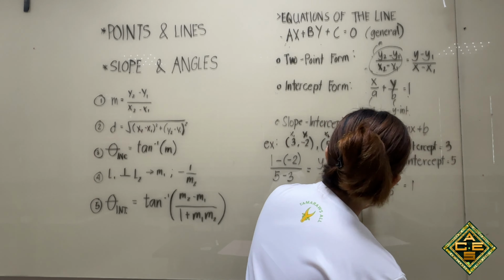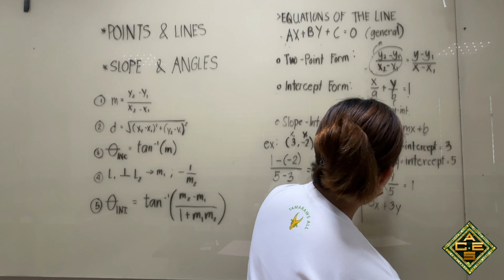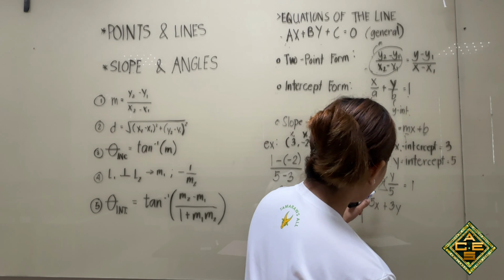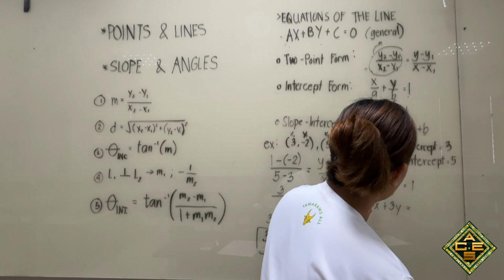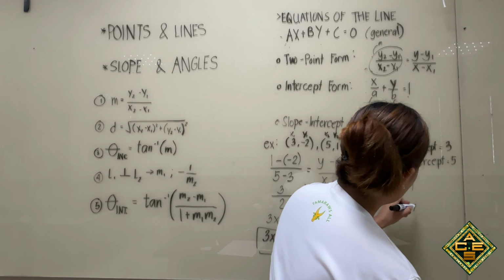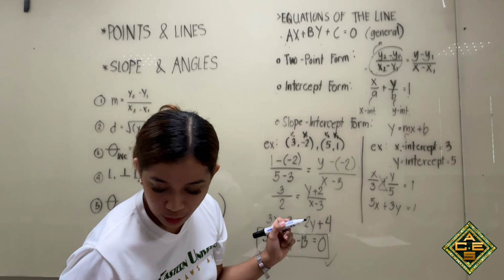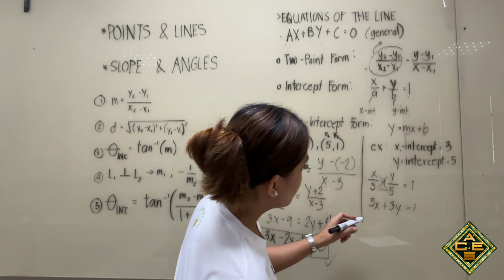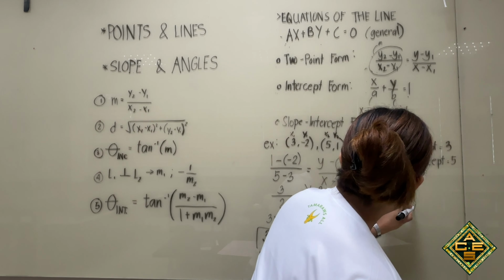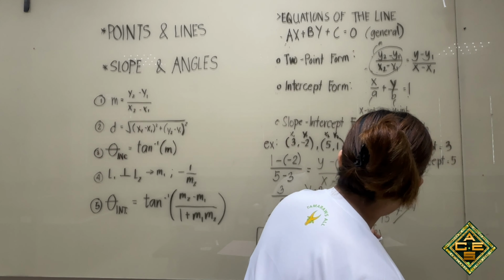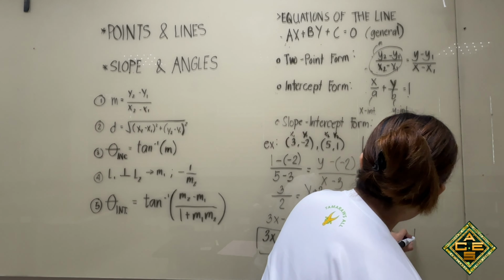We cross multiply: 3 times 5 is 15. So 5x plus 3y equals 15.